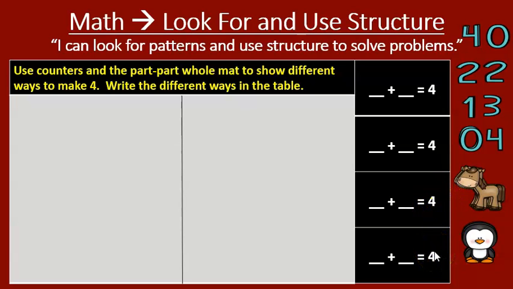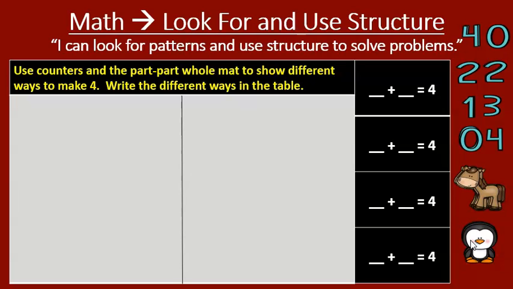Lots of numbers are going to equal 4, but we have to utilize our pictures and see the patterns of what numbers can go into 4. Now, here we go, okay? Pay attention because we're going to use the horses and penguins again, okay?